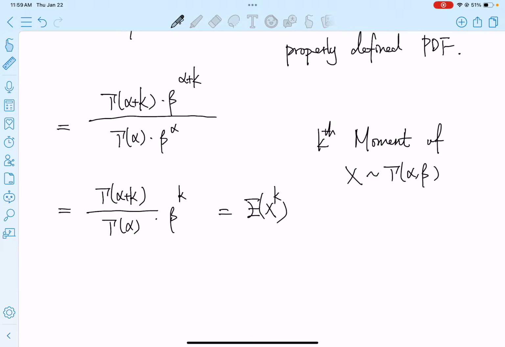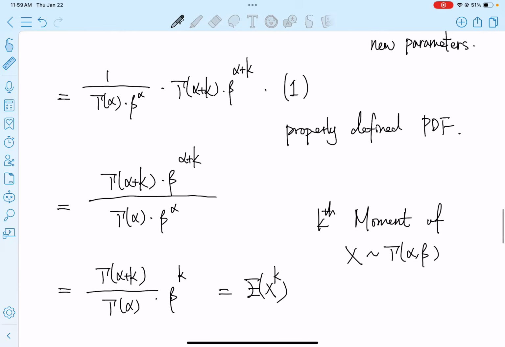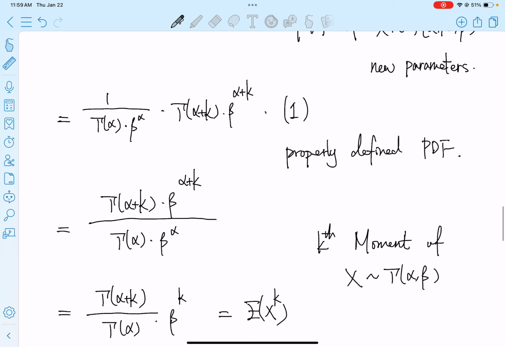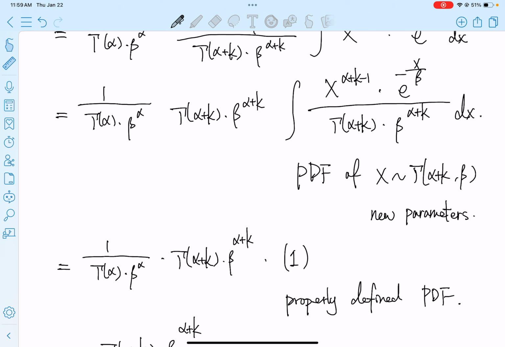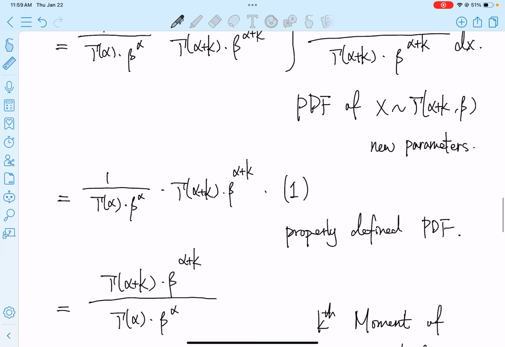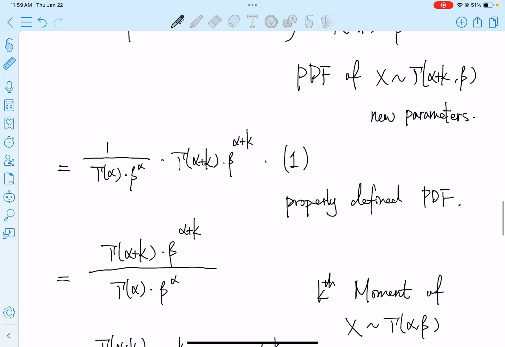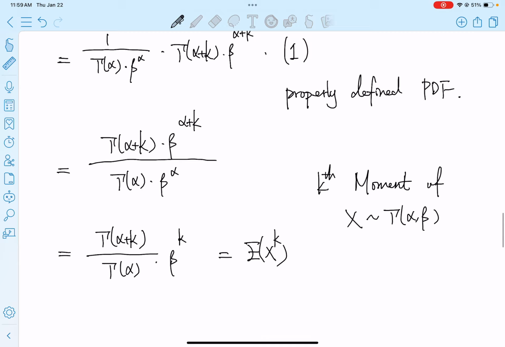Okay, we are interested in the kth moment of x that follows a gamma distribution with parameters alpha and beta. But throughout the process, we need to construct a probability density function for a gamma distribution with parameters alpha plus k and beta. But we notice that it integrates to 1, so it reduces to this form. And then we can further simplify that.